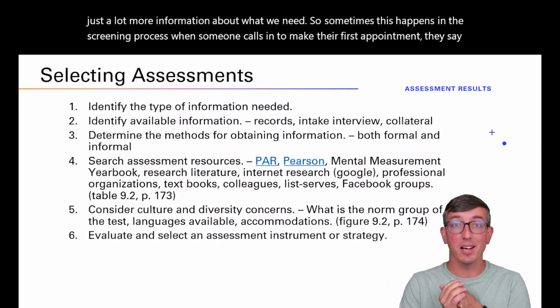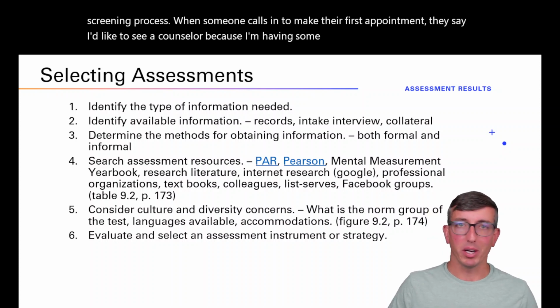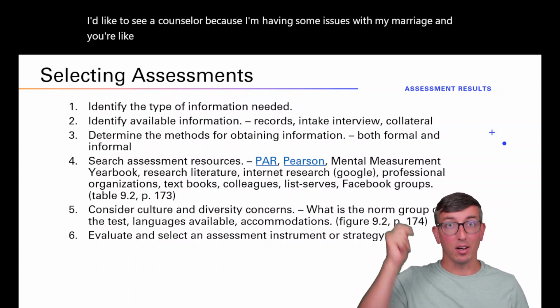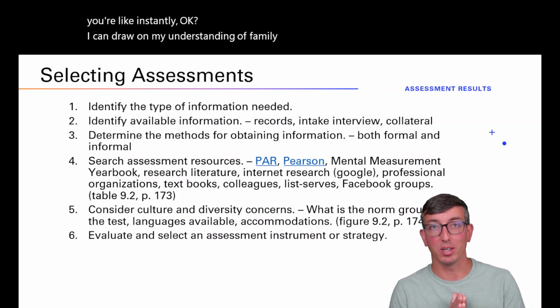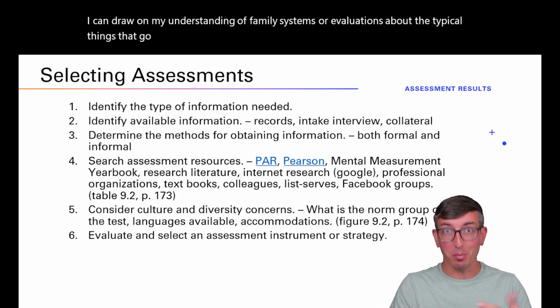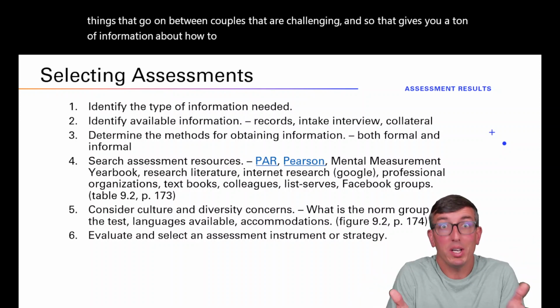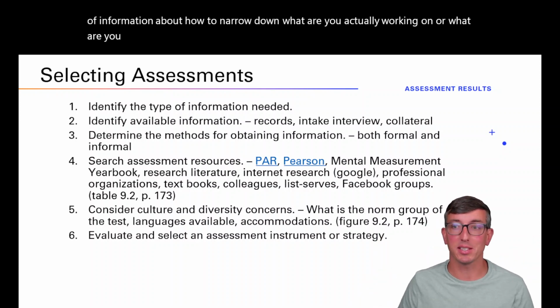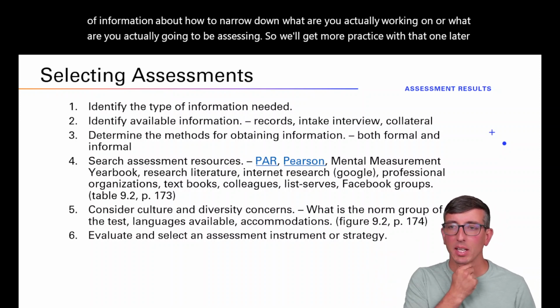They say, I'd like to see a counselor because I'm having some issues with my marriage. And you're instantly like, okay, well, I can draw on my understanding of family systems or evaluations about the typical things that go on between couples that are challenging. And so that gives you a ton of information about how to narrow down what you're actually going to be assessing. So we'll get more practice with that one later.